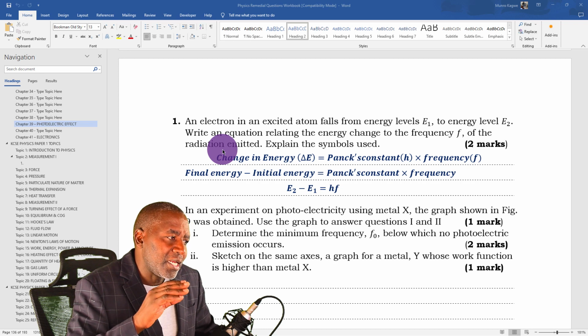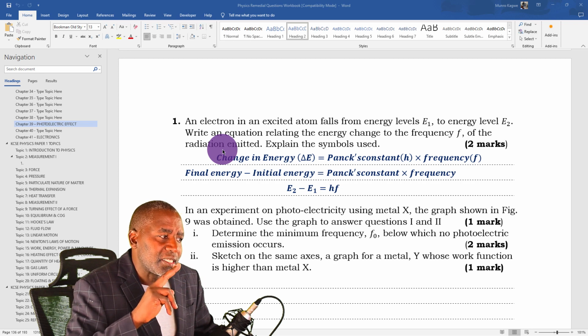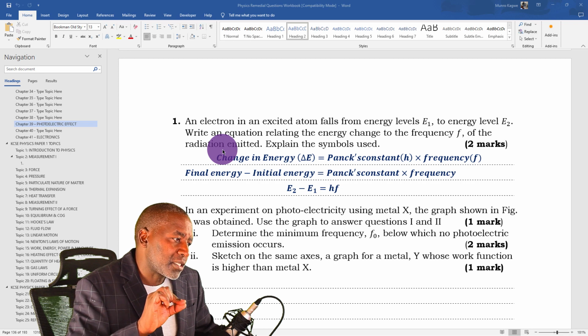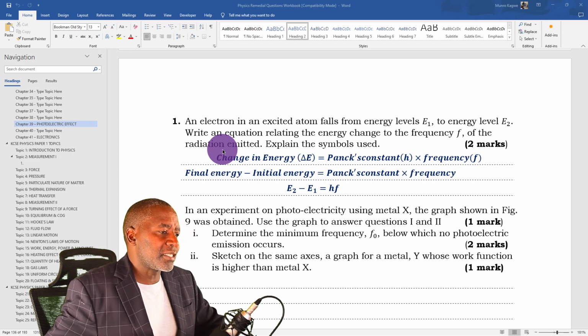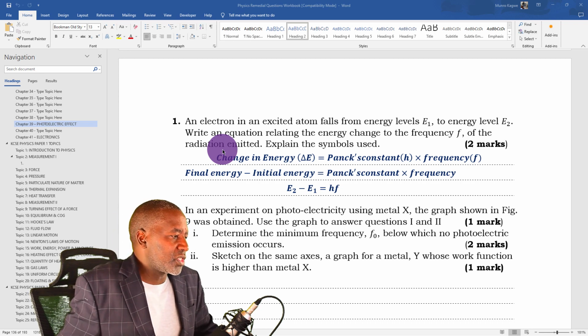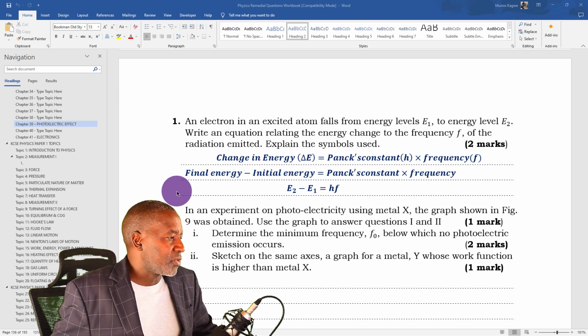So the change in energy is equal to Planck's constant times frequency. This is equal to the final energy level minus the initial energy level, which is E2 minus E1, where Planck's constant is h and frequency is f. It's just as simple as that. That was not difficult. Let's look at question number 2.